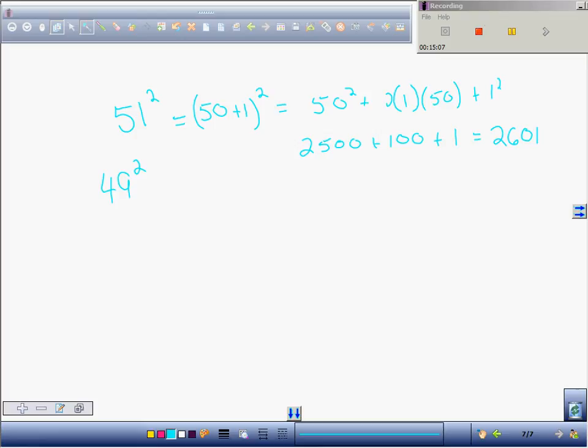Say I want to do 49 squared. I could write this as 50 minus 1 squared, right? So what's 50 times 50? 2,500. What's 1 times 50? 50. Twice. 100. Take that away from 2,500.